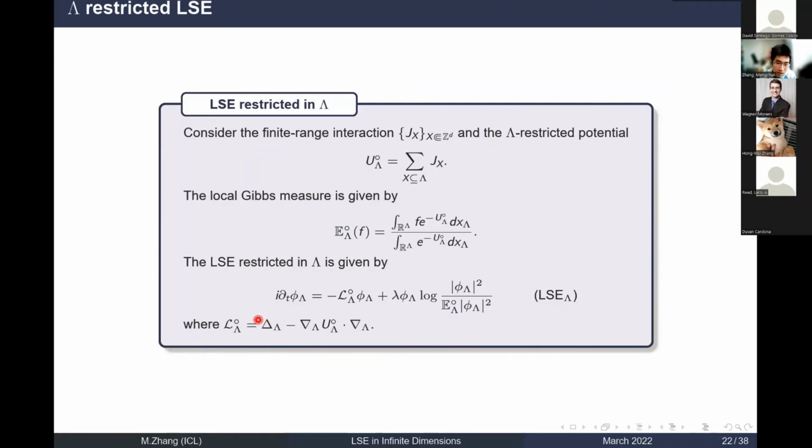Oh, and again, this Laplacian and gradient basically mean the gradient and Laplacian on R^Lambda. Sorry, I'm using a mouse to write, so it might look a bit strange. So these gradient and Laplacians will be acting on the local space R^Lambda, just like in R^n. So now we have this setup.